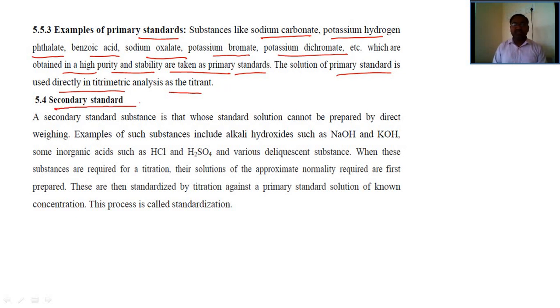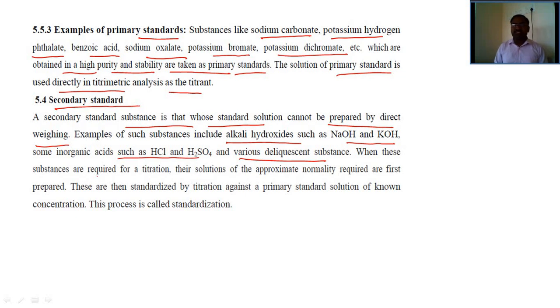Next, we'll move on to the secondary standard solutions. A secondary standard substance is one whose standard solutions cannot be prepared by direct weighing. For example, alkali hydroxides like sodium hydroxide, potassium hydroxide, barium hydroxide, and inorganic acids like hydrochloric acid and sulfuric acid, and various deliquescent substances.